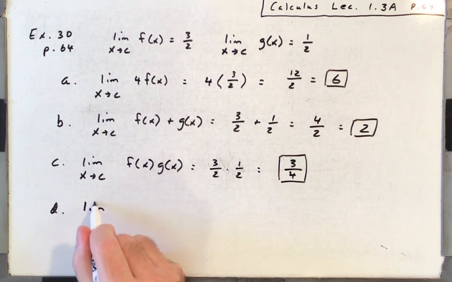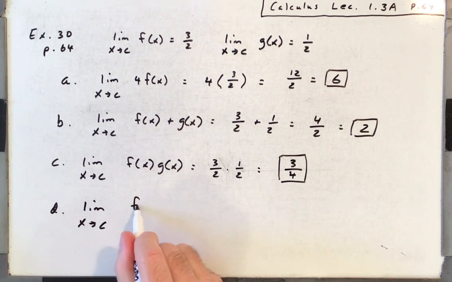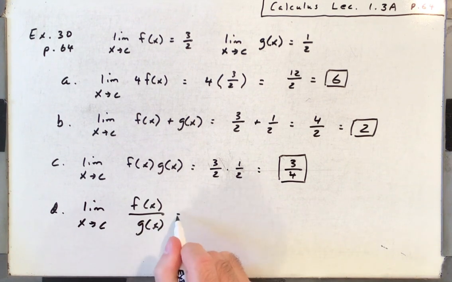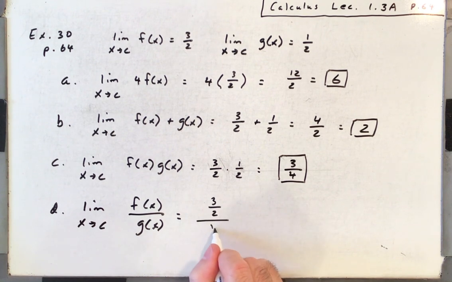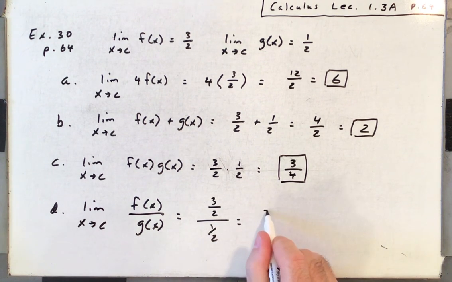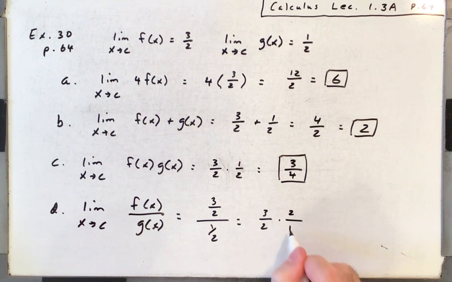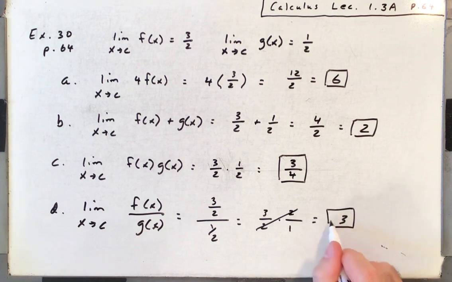And then part D, the limit as x approaches c of f of x over g of x would be 3 halves over 1 half. So that's the same as 3 halves times, flip the bottom, right? 2 over 1. The 2's cancel, and you have 3.